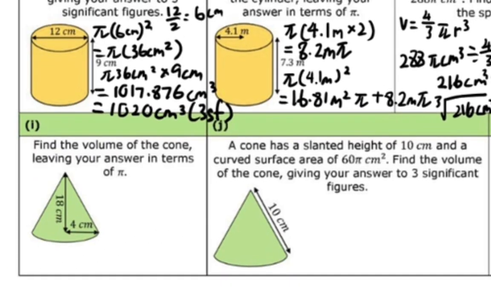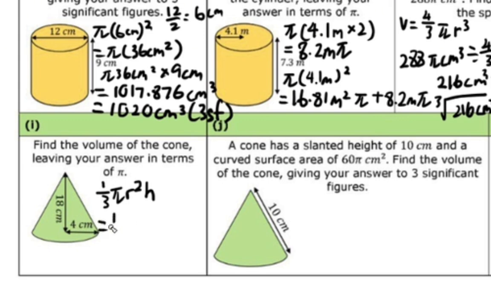Question I. Find the volume of the cone, leaving your answer in terms of pi. So the formula to find the volume of a cone is 1 over 3 pi r cubed h. Sorry, pi r squared h.